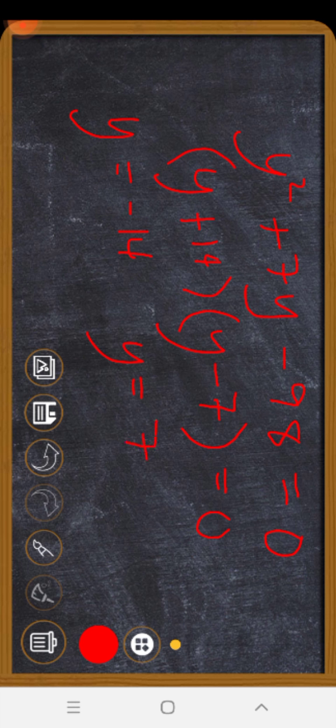So since the problem states that the numbers that we're looking for are positive numbers, we will disregard this one. So we stick with the value y is equal to 7, which is your second integer.